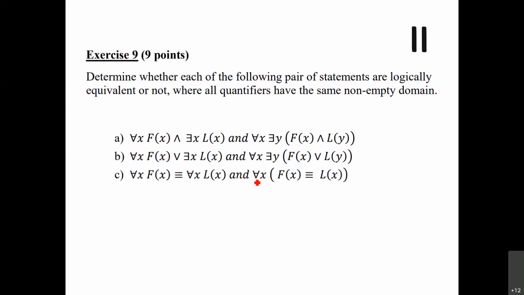Part C. I'm going to give you a hint. Part C is false. They're not equivalent. But can anybody tell me why? We cannot use De Morgan. I'm not sure here.